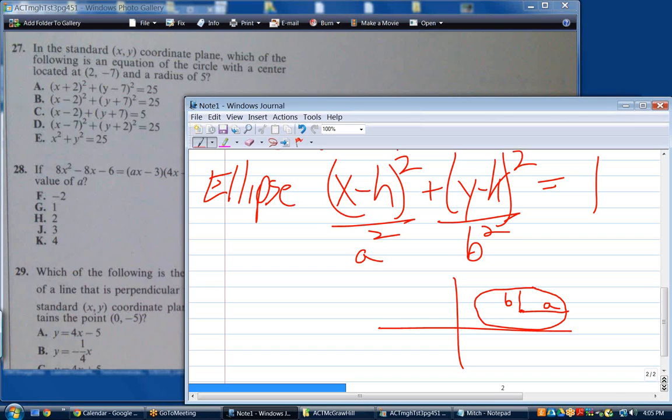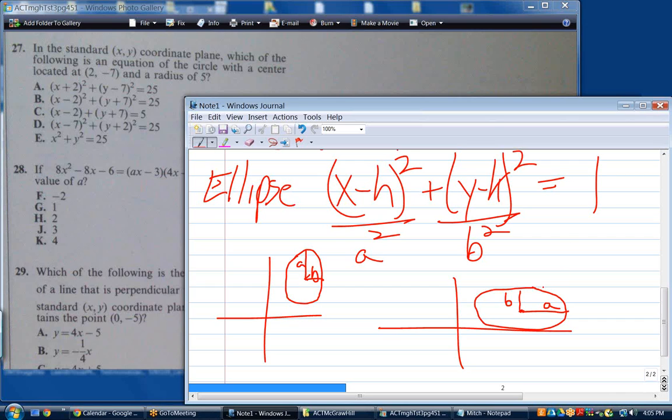Now, technically, they're not called radiuses, but you can think of them like that. I don't think you're actually going to have to handle the vertical ellipses, but if I had an ellipse like this, well, this is A, and that's B. In other words, the long radius is always A. And A has to go under the proper variable.